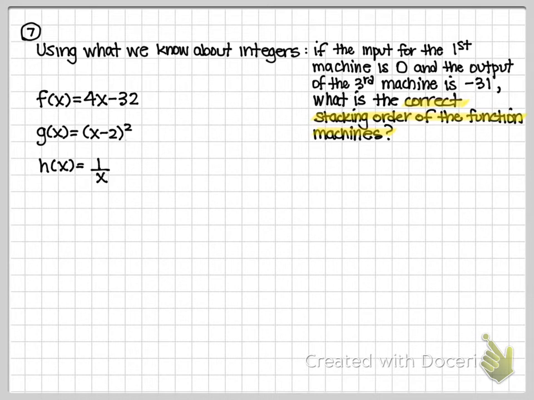If we plug in a 0, h of x can't go first, because we can't plug a 0 into it. And then g of x can't be third.